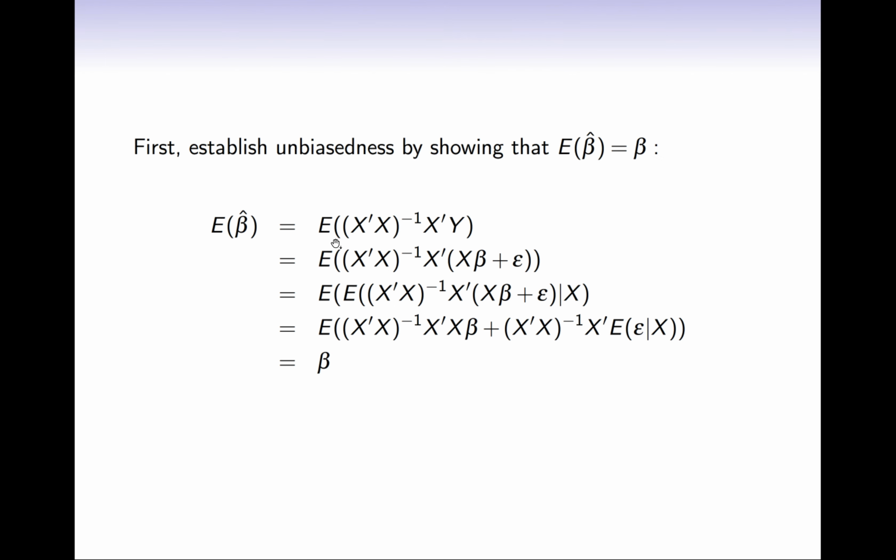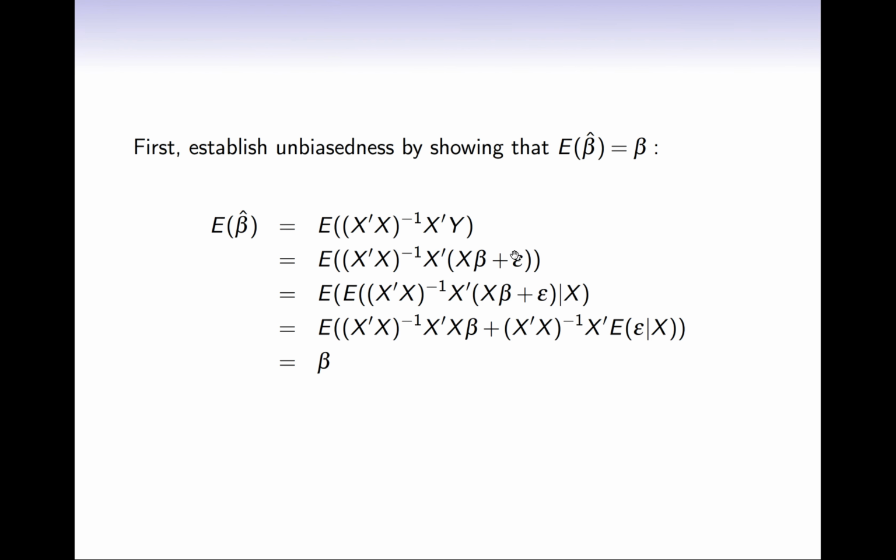First, let's look at unbiasedness, okay? The expectation of beta hat. So here we plug in for beta hat. To analyze this, we're going to have to use something called the law of iterated expectations. This expectation is over x and epsilon, because they're two random variables.